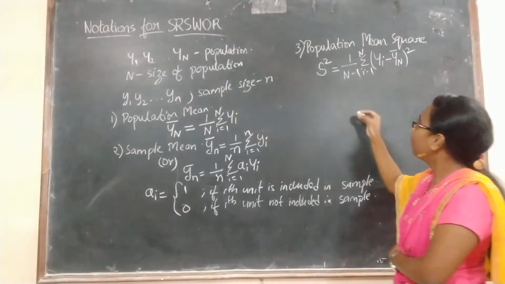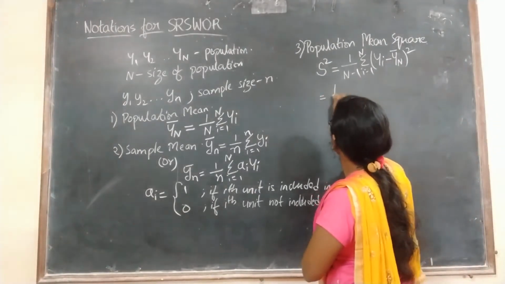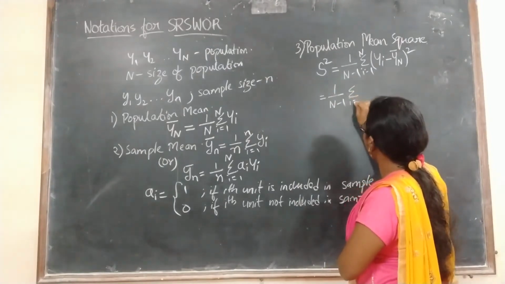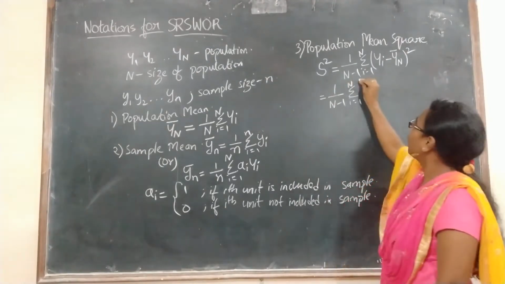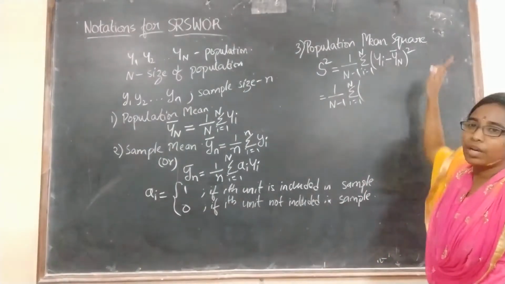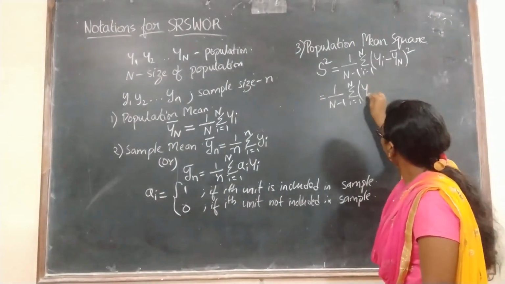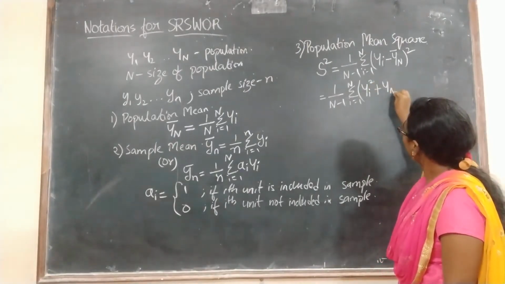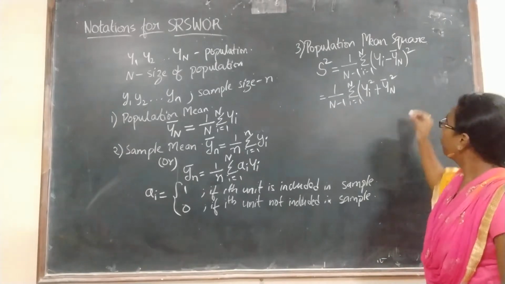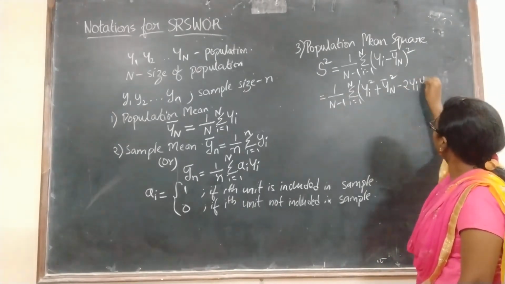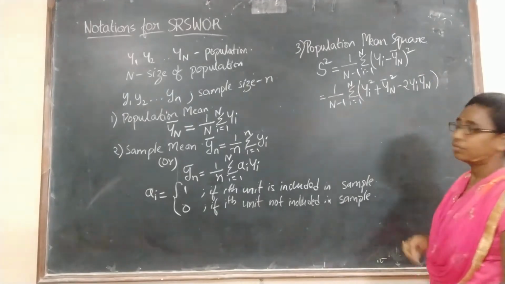So this is the formula for population mean square. If you simplify it, you will get 1 by N minus 1 as it is, summation also as it is. Now expand this term. This is in the form of a minus b whole square. You will get a square, that is yi square, plus b square, that is y N bar square, minus 2 into yi into y N bar.